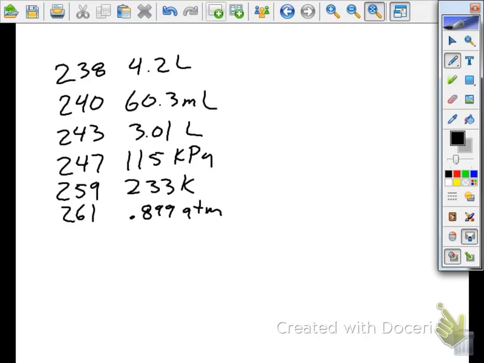It is a variable that is unchanging. It doesn't change. So what we're looking at is pressure and temperature. So on that one, 261, it's P1 over T1 equals P2 over T2.